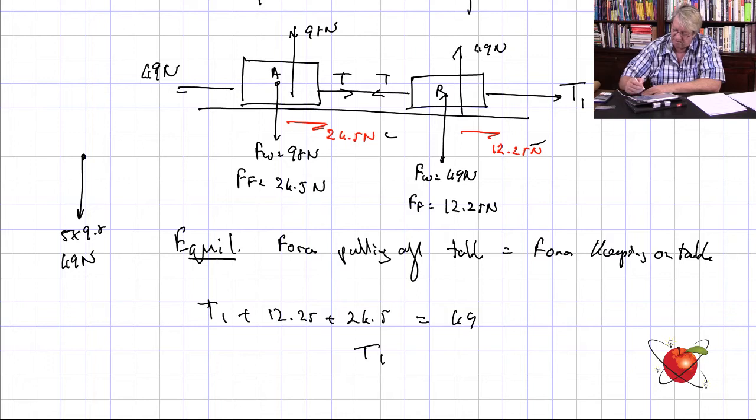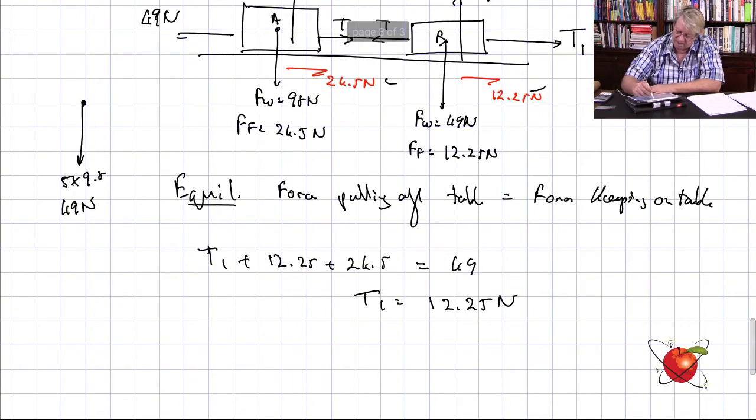Therefore T1, that force, is going to be balanced out, and T1 is going to be equal to 12.25 newtons.